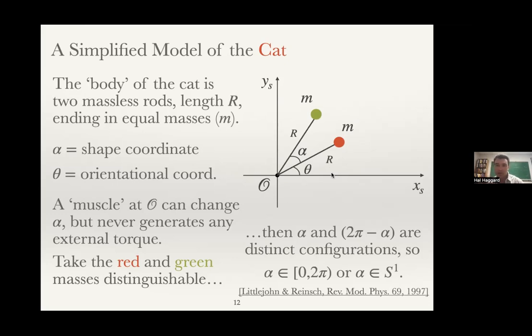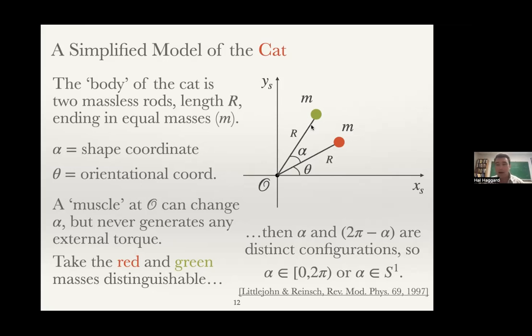So by making these two masses distinguishable, it's easy to tell which one I'm talking about. Alpha always goes from the red mass to the green mass. So this shape coordinate, this internal coordinate that describes the shape of the cat, takes values in the circle.